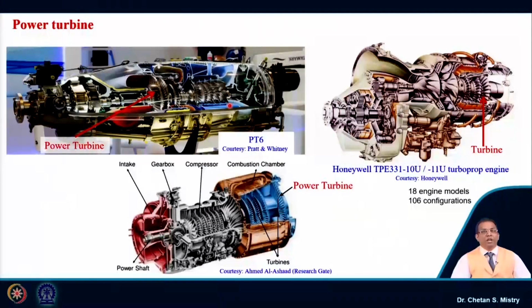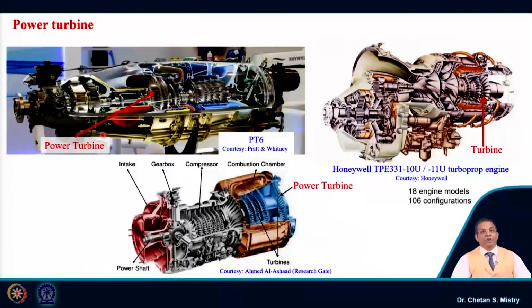Here if we look, this is representing our PT6 engine, which is used for propeller engines, and if we look carefully, here we have the compressor, followed by my combustor. This is my turbine. In the turbine, we have 3 stages. Out of that, one turbine stage has been defined as a power turbine.